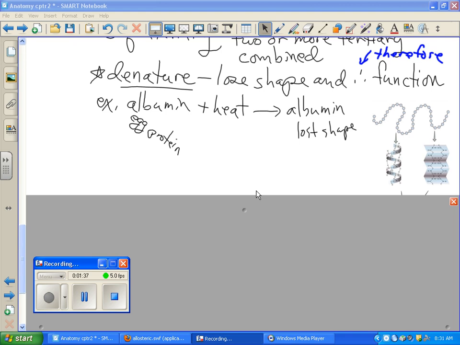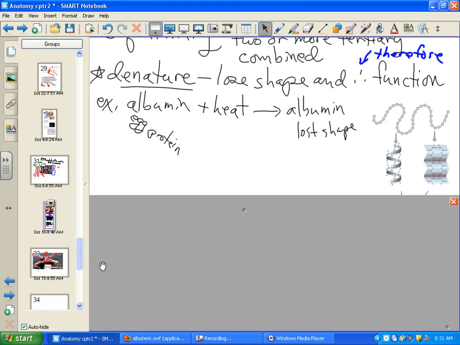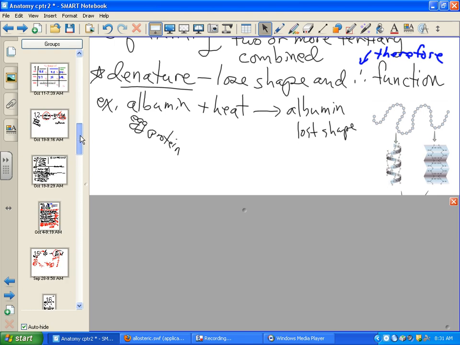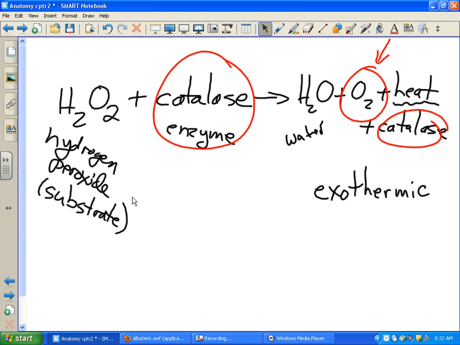Okay, so it's on both sides of the equation, and what that tells you is it doesn't get changed. It can do the reaction without getting physically changed itself. All it's really doing is breaking that bond, and then it's basically resetting. Breaking a bond, resetting.